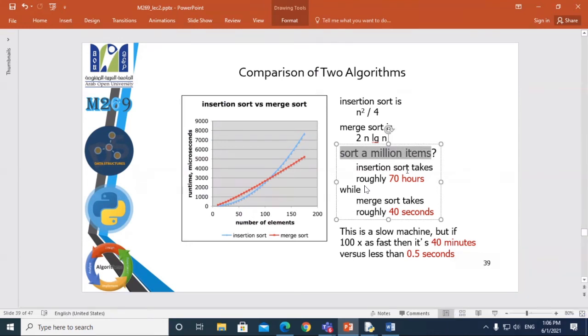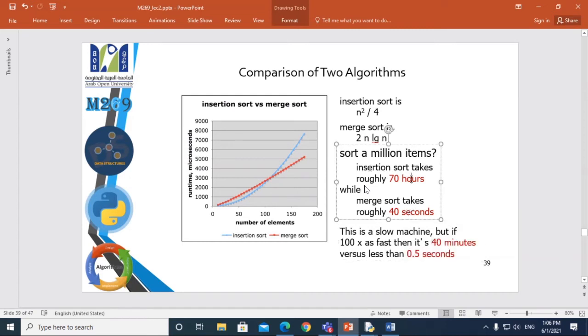Insertion sort will take roughly 70 hours, while merge sort will take 40 seconds. شفت الفرق؟ طيب this is a slow machine, but if it is 100% fast, then it will take 40 minutes للـ7 hours و 0.5 seconds لهذا.